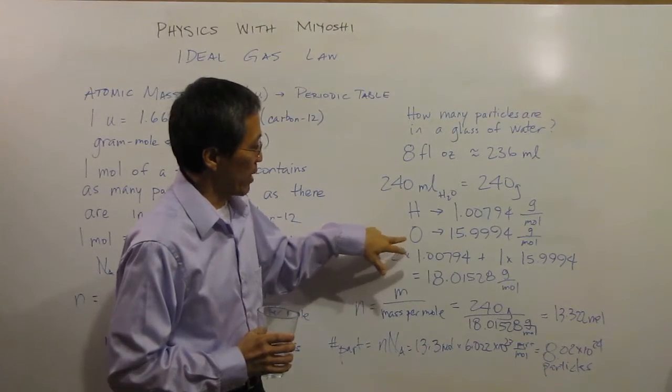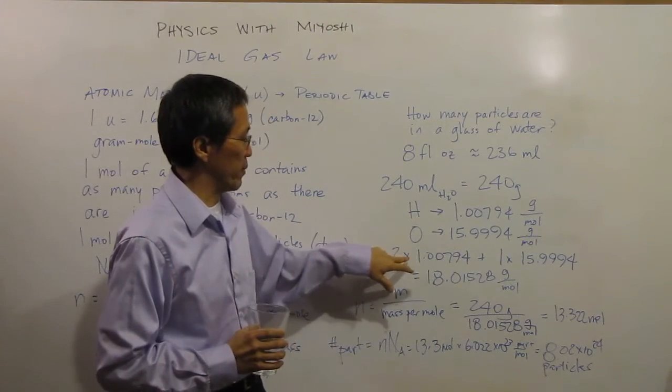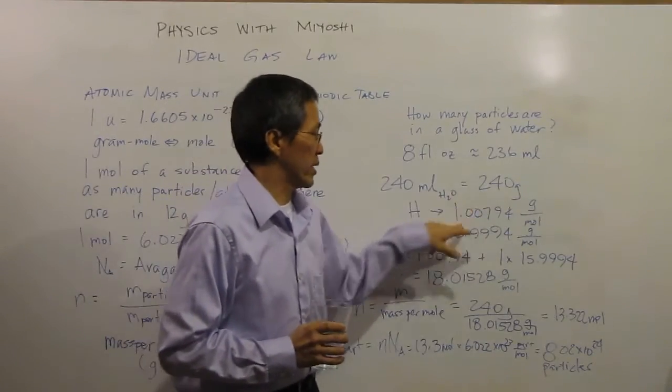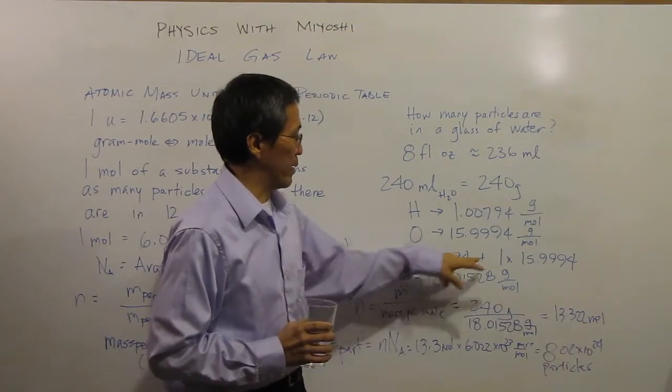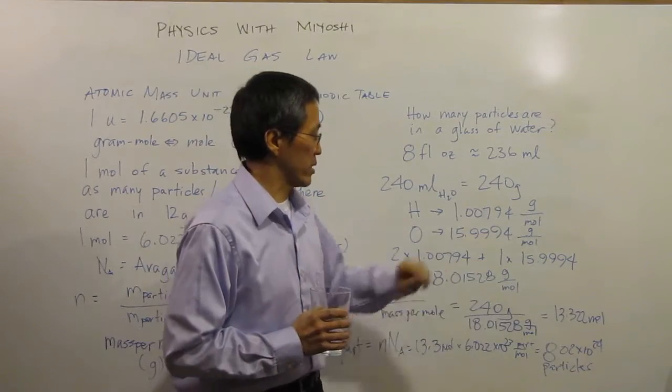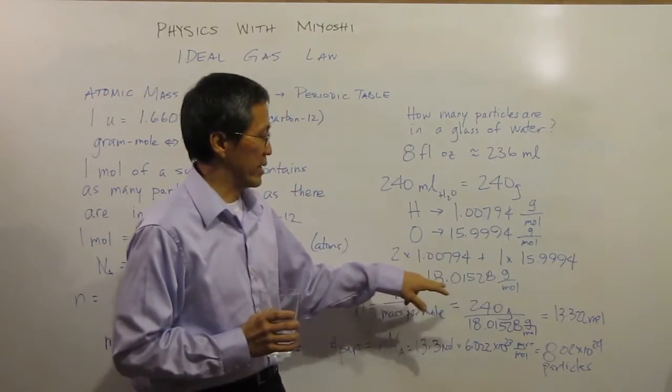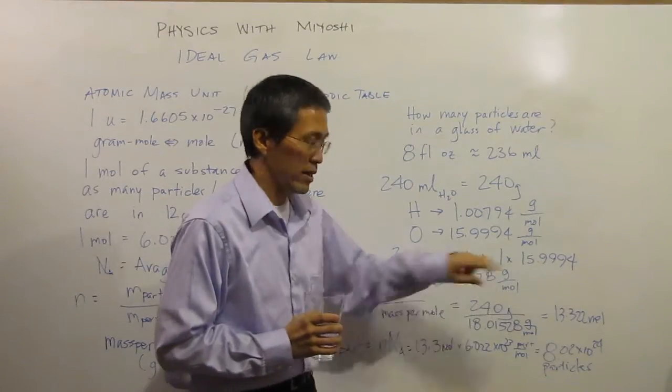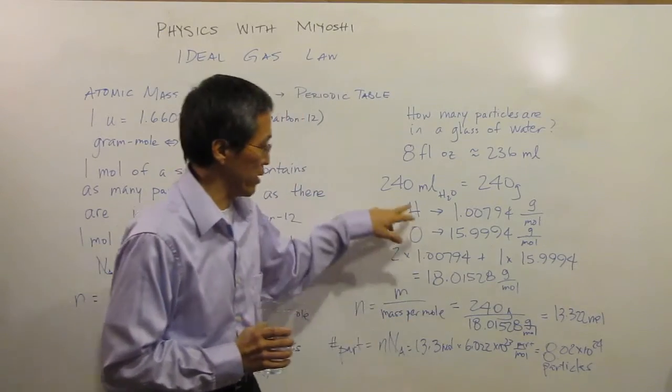So I know there are 2 parts hydrogen, so I multiply 2 times the atomic mass of hydrogen, add in the mass of my oxygen, and I end up getting 18.01 and so on grams per mole for water.